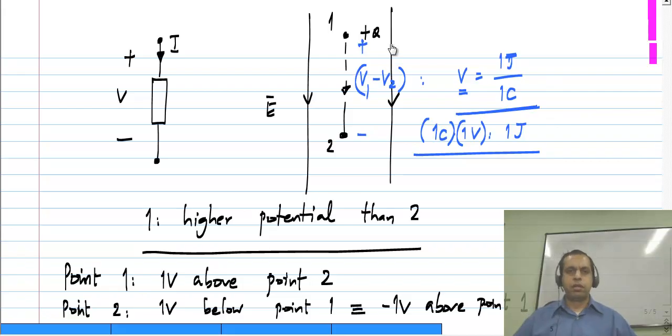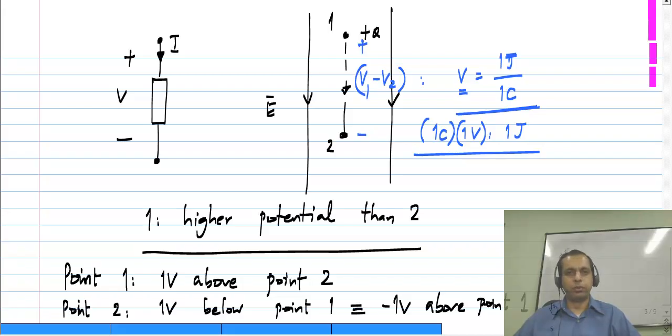Now this is kind of obvious. This is like saying the upper floor of a building is 10 meters above the ground floor. That's of course legitimate. We could also say that the ground floor is 10 meters below the upper floor, and we could also say that the ground floor is minus 10 meters above the upper floor. It's a weird way of saying it.